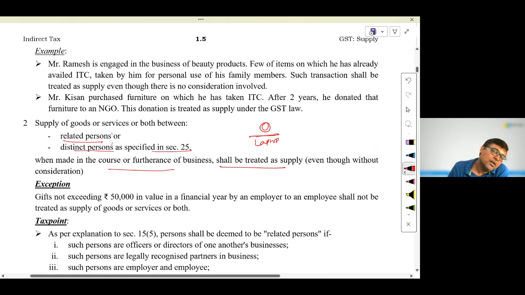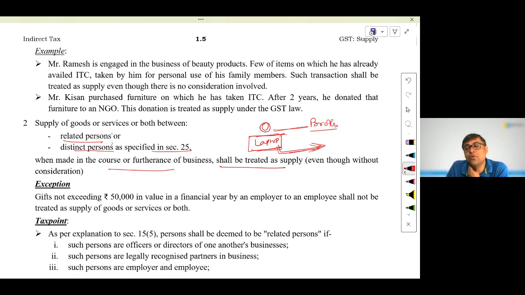One fine day, your brother visits the shop and takes one laptop from your inventory to home and starts using it. You are not in a position to ask for a consideration. In that situation, you cannot say that since there is no consideration, this is not treated as supply. Since the transaction is between two related persons, even though there is no consideration, it will be treated as supply.